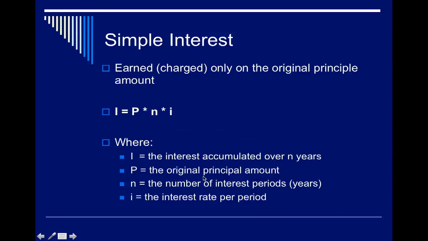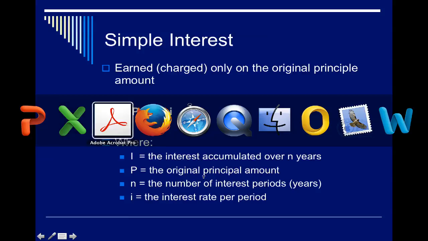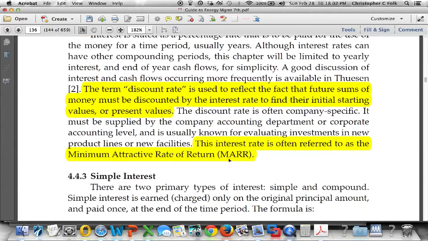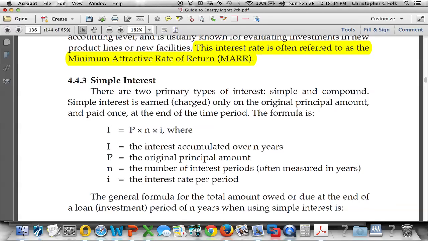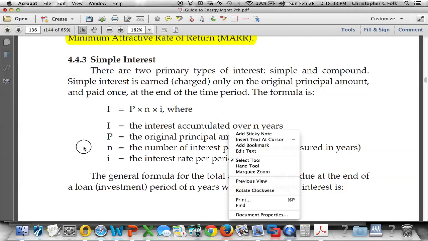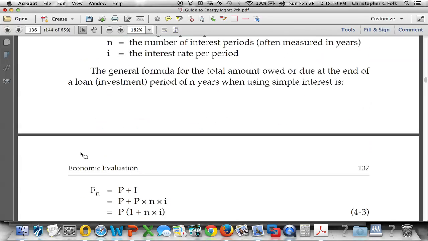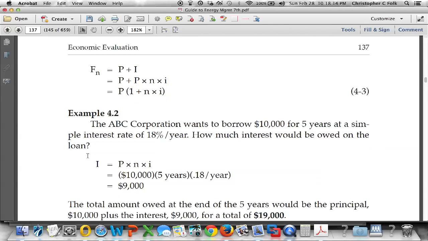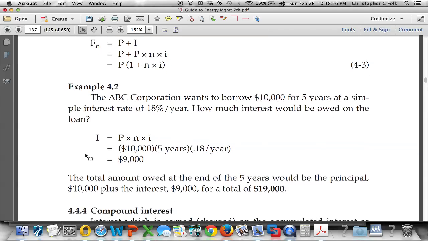And so here's our first example. We're going to go back to the textbook, and the textbook shows the interest accumulated over a number of years, the principal amount, and the interest period. So they give us an example here. Example 4-2: a company wants to borrow 10 grand for 5 years at simple interest of 18% a year.